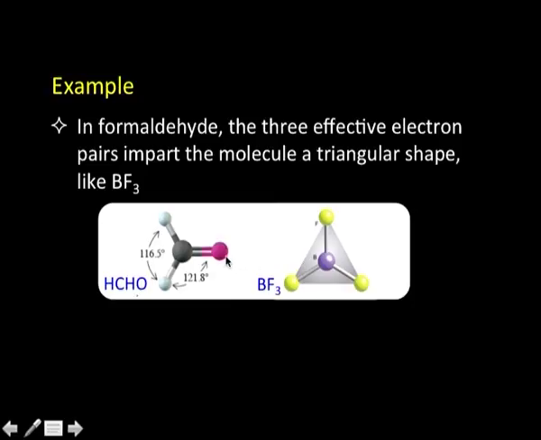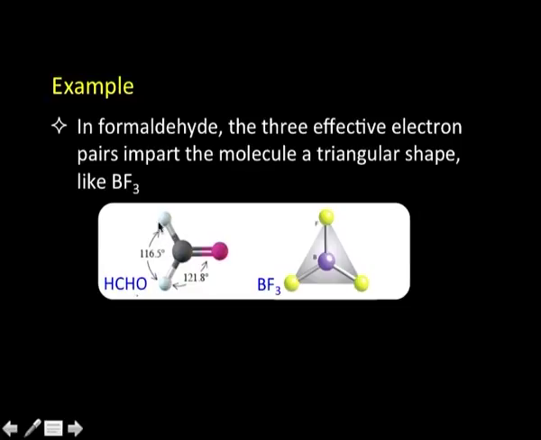But in case of formaldehyde, we find that this angle becomes slightly larger. It is about 121.8 degrees, whereas this bond angle is 116.5 degrees there. This is becoming so because this double bond here is made up of 2 electron pairs, it is larger in size. So, this repels this to a larger extent, this also.